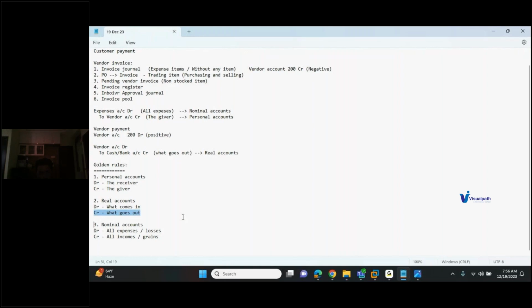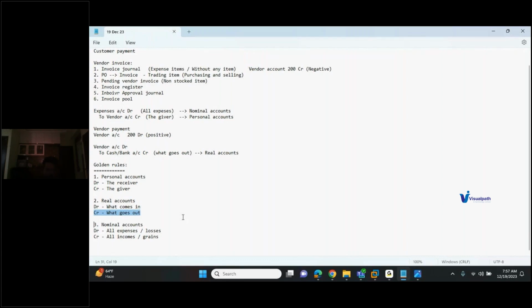Whereas with a debit card, you have money in your bank account and you are using that. So when the bank says it is credited to your bank account, the bank is saying money is going out for them. But for us, it is a debit balance.